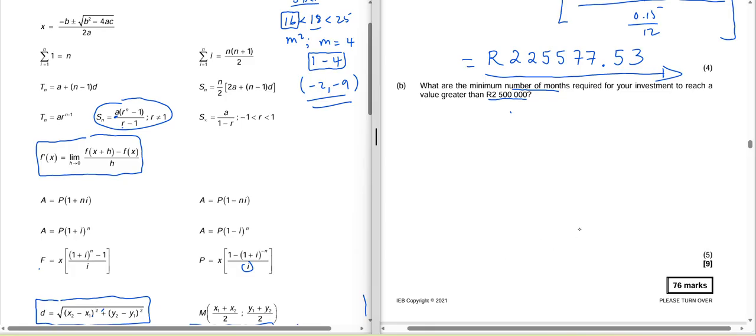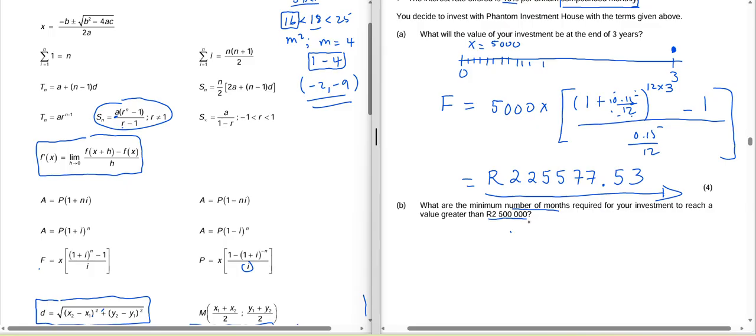So what they are saying is, what is the value of n in months such that the value of your investment is greater than 2.5 million? That's what the question is asking.